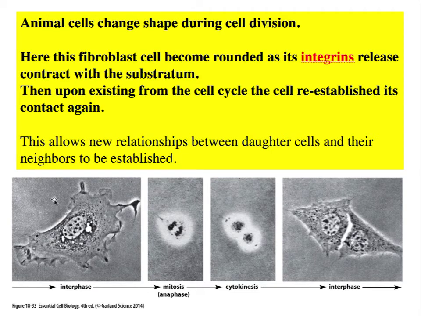In this case, it should be a glass slide. But during mitosis, they round up and become spherical. Therefore, they must have let go of the contact between themselves and the glass slide. But after cell division, when you have two daughter cells, each daughter cell reestablishes those contacts with the substratum.